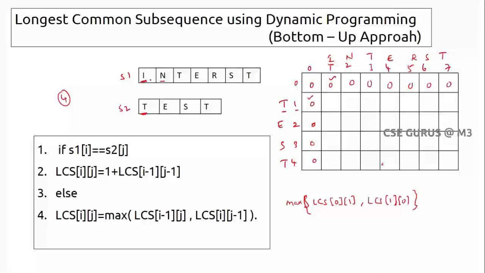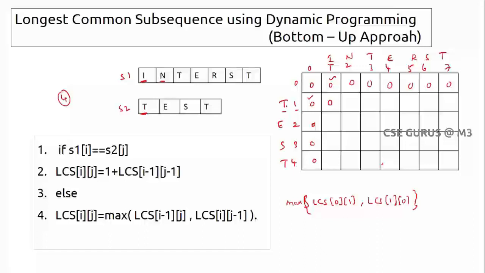So 0, 1 means starting from here, and 1, 0 starting from this one. Either you increment this one or you increment that one. So you can see LCS of 0, 1 is 0, here it was 0, 0, 0, so the maximum is 0.